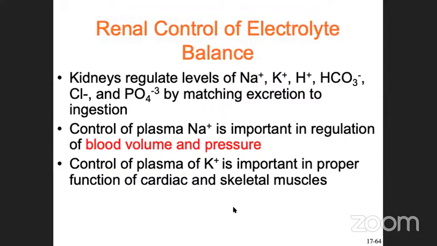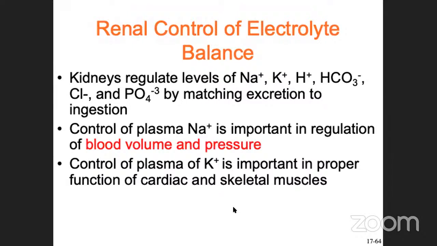Other than that, you need to know that the kidney is not only for maintaining blood pressure. The kidney also has another function, which is to maintain acid and base balance. This happens through electrolyte balance, like the hydrogen ions.